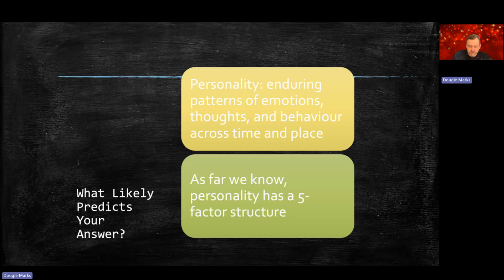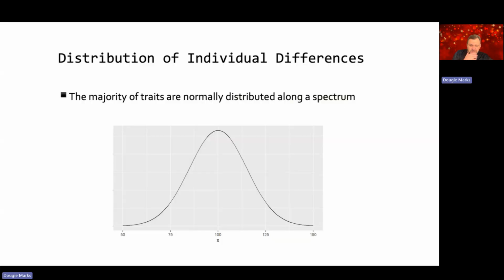All psychological tests that measure things like human attributes will be measuring either one or more of the five-factor structure, well or badly. They're all essentially measuring the same thing. Now, I'm going to tell you what the five things are in a minute.